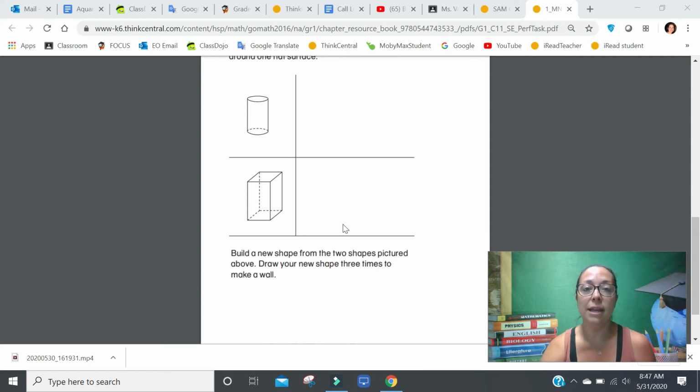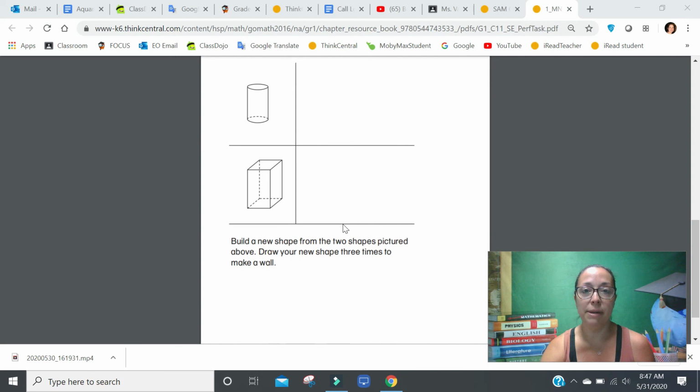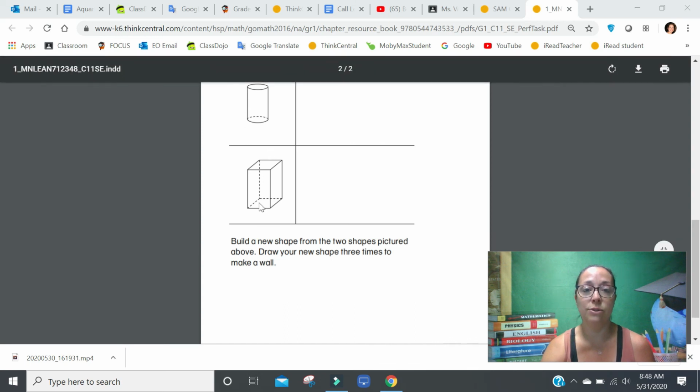All right, and now for the very last part, la parte final, it says build a new shape from the two shapes pictured above. Draw your new shape 3 times to make a wall. Okay, so ahora vas a hacer una forma nueva usando estas dos formas aquí y lo vas a dibujar aquí.